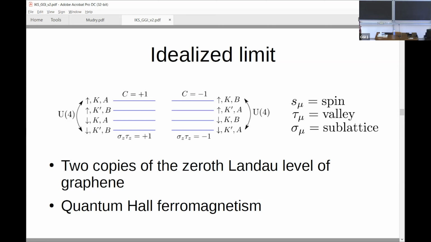And the U4 cross U4 symmetry is just allowing rotations within these Chern sectors. So now you see that this basically looks like 2 copies of the 0th Landau level of monolayer graphene, 1 copy with the magnetic field pointing in the up direction and 1 copy with the magnetic field pointing in the down direction. And as I said before, this will then motivate us to think about ferromagnetic states within these different pseudospin degrees of freedom.